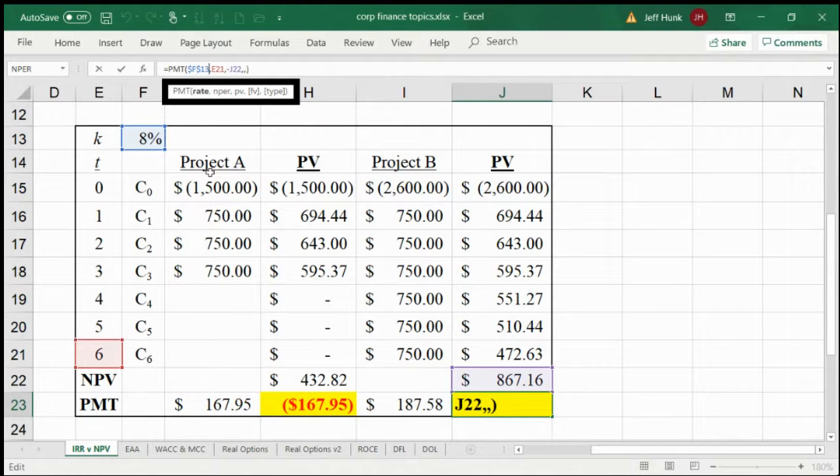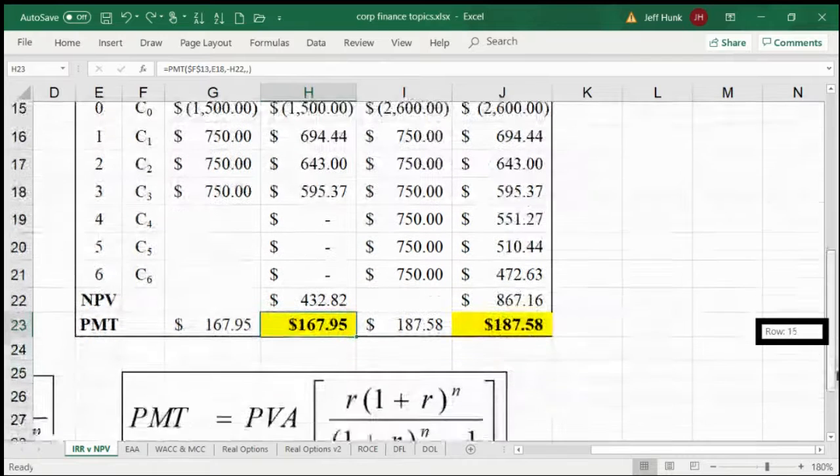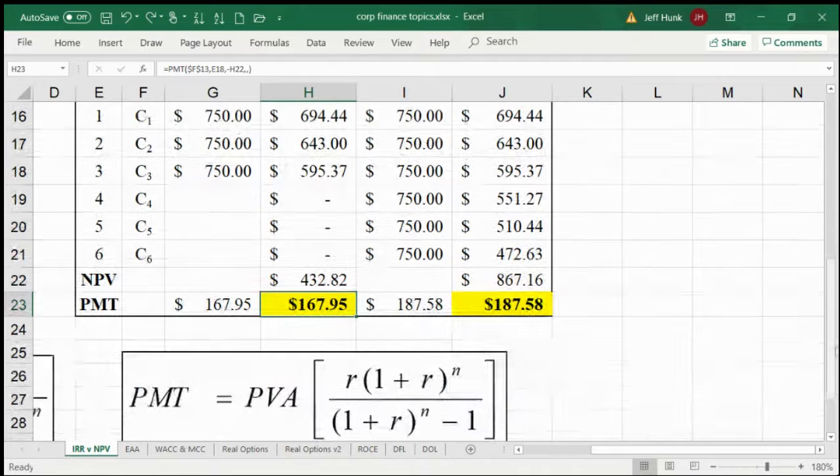Again, this will be the same thing, but I'm not going to do that. So this is basically the equivalent annual annuity method through which you can compare two projects with different project lives, right?